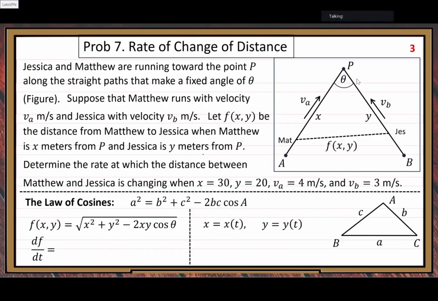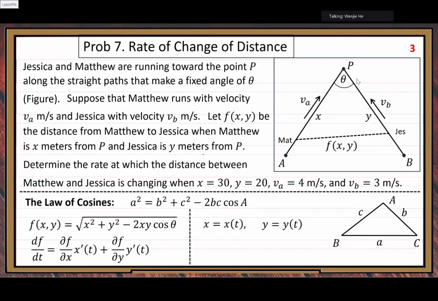How do we write the chain rule? The first part is the partial derivative with respect to x: partial f over partial x times x prime of t. The second part, with respect to y, is partial f over partial y times y prime of t. That's the chain rule version.